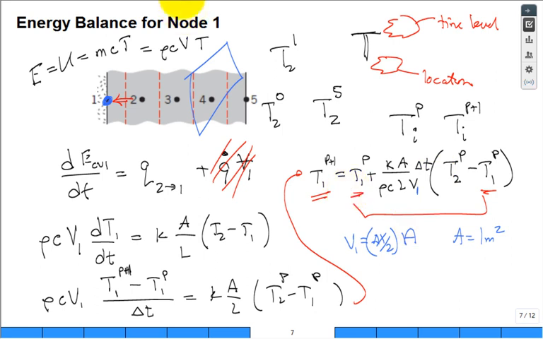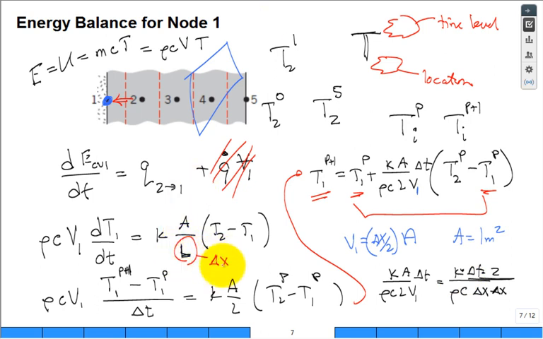And so this term of K A over rho C L V1 delta T turns into something like K delta T divided by rho C L, okay, that L is delta X, and then V over A is delta X over 2. I mean, this L right there is delta X. It's this distance. But the volume, for volume 1, is delta X over 2 times whatever area is in the third.